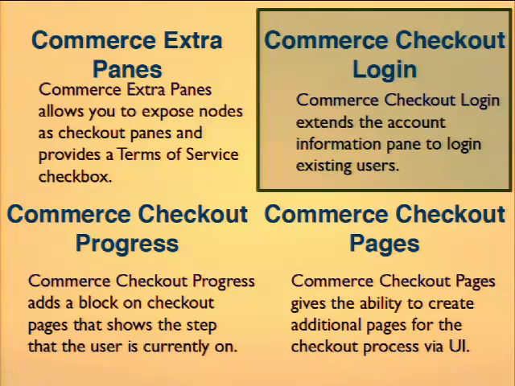Commerce checkout login provides a checkout pane to request login information, so you can log in at the checkout. Instead of allowing anonymous user orders, you can expose the login form. So it's a different approach.